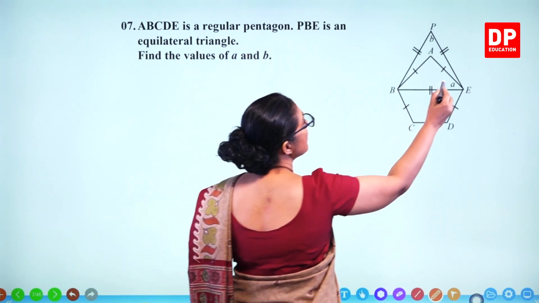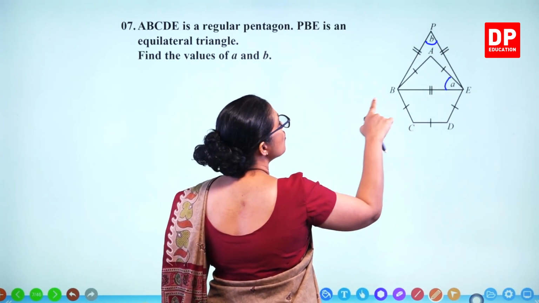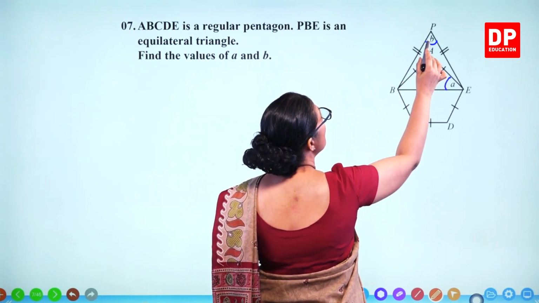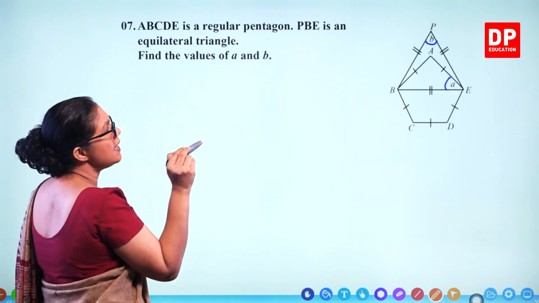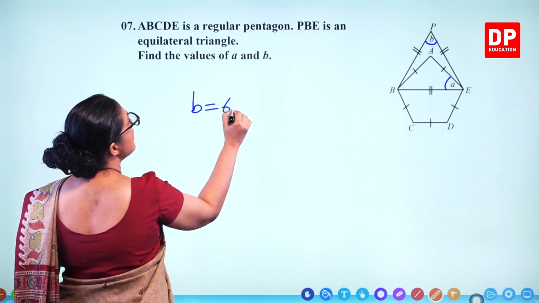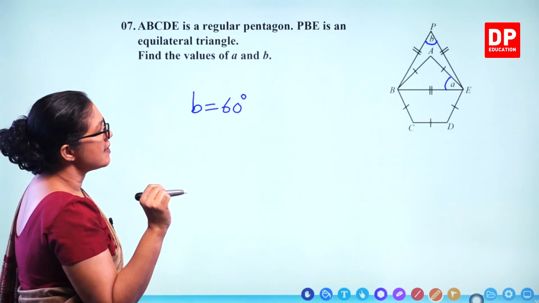A is this angle and B is this angle. So we need to find out. Now straight away we can find B because PBE is an equilateral triangle. B is 60. Each angle is 60 degrees. That's easy.